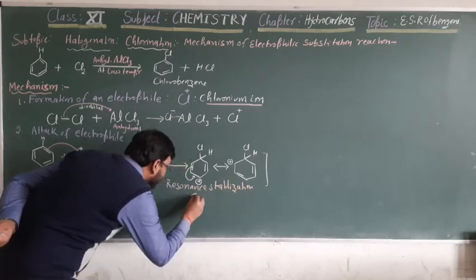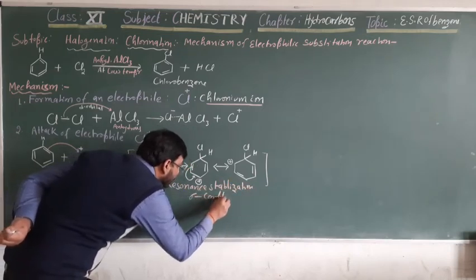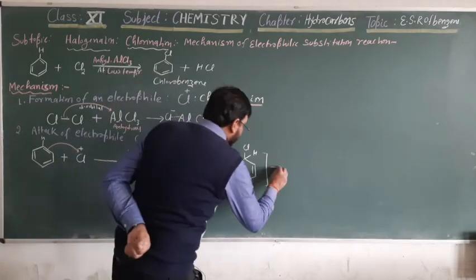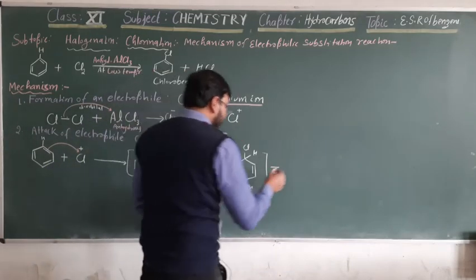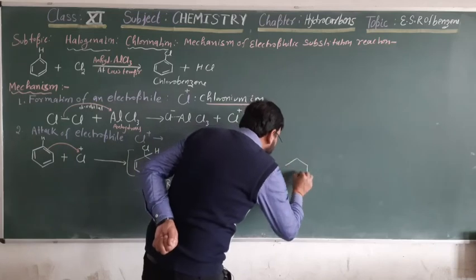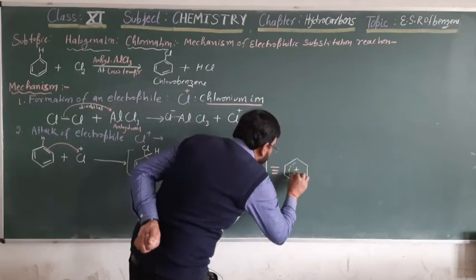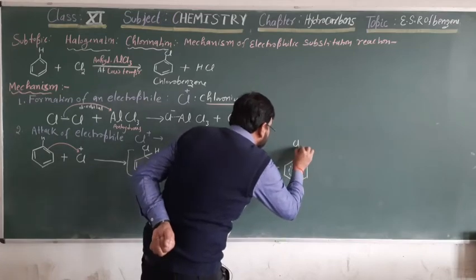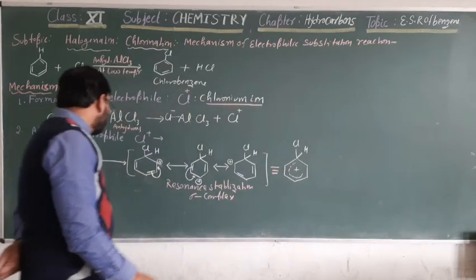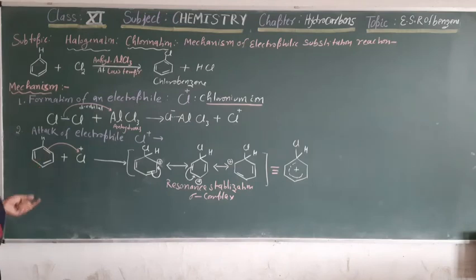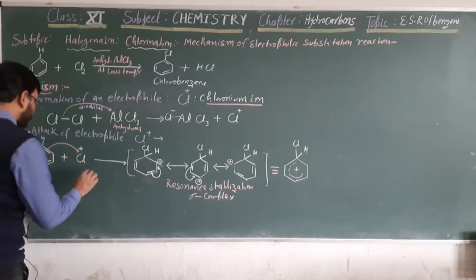This is the sigma complex. We can draw the hybrid structure of it, such as the plus charge and ClH.